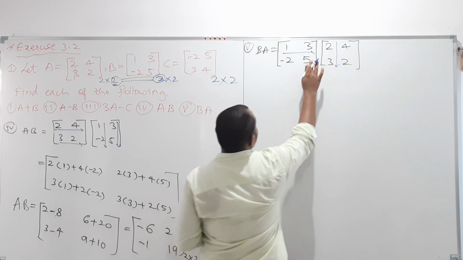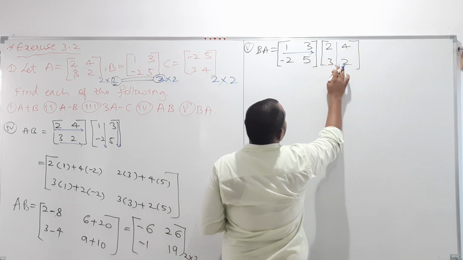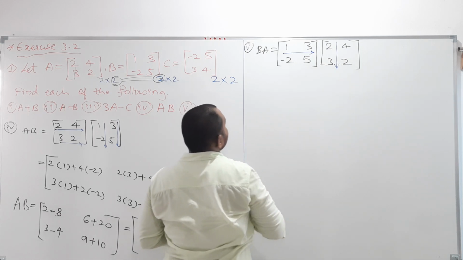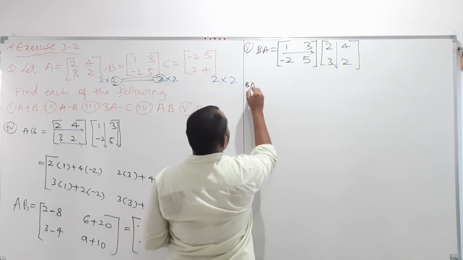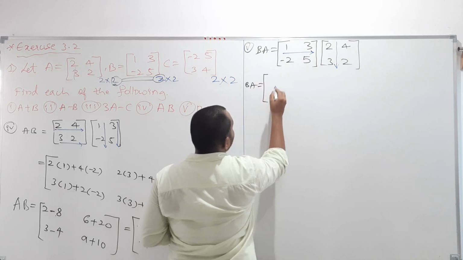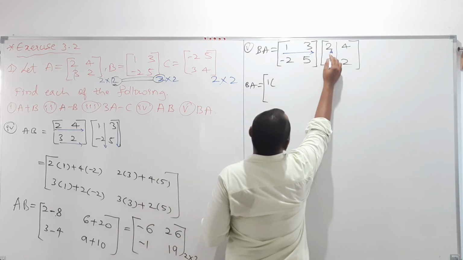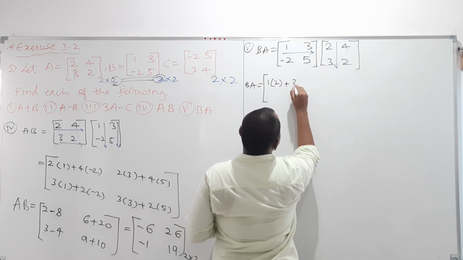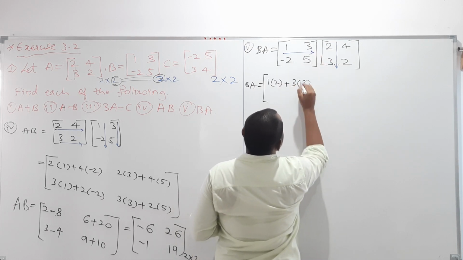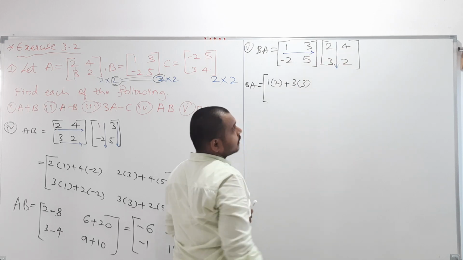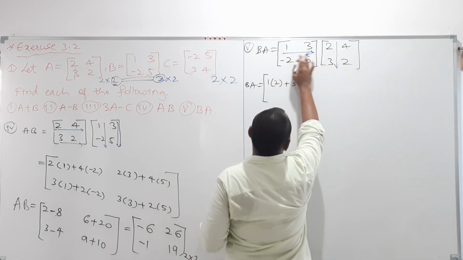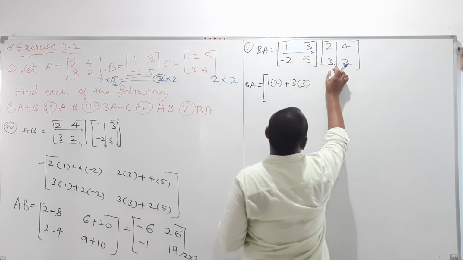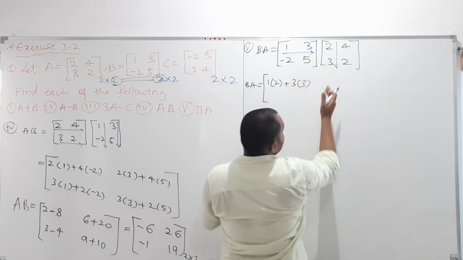So now BA is equal to, first row first column, 1 into 2 plus 3 into 3. After completing the first row and first column, leave some space.